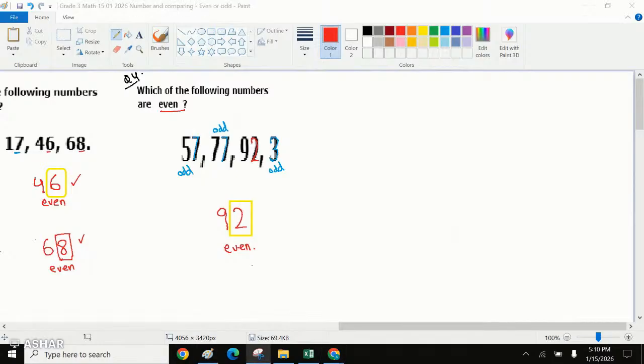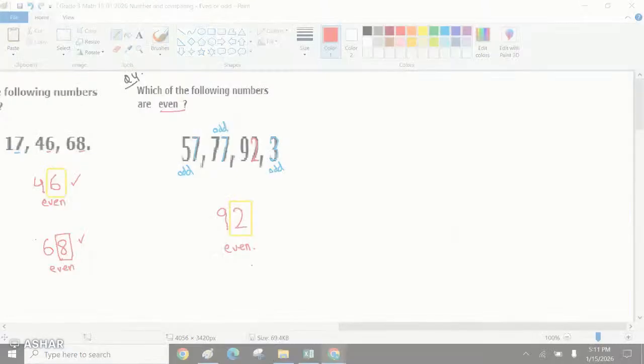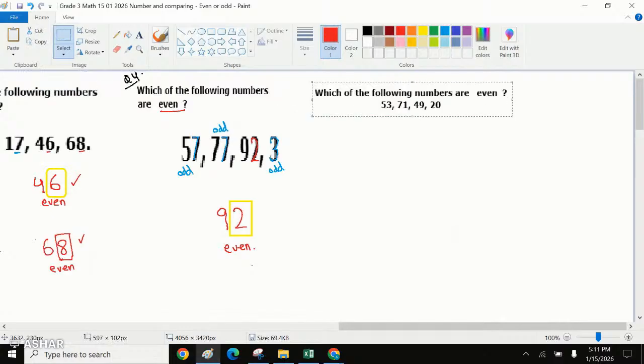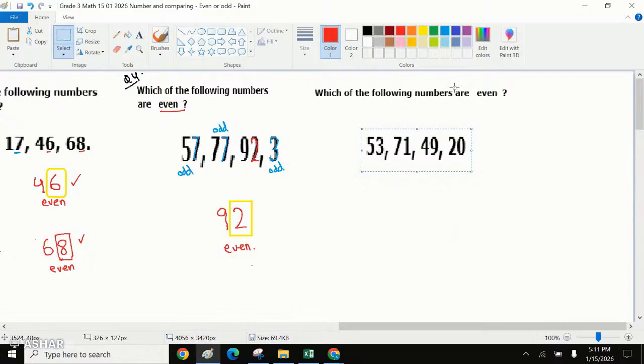For the next question, it says, which of the following numbers are even? So let's see which of the numbers would be even and which would be odd. Let's try doing both of them. I'll write even and odd.